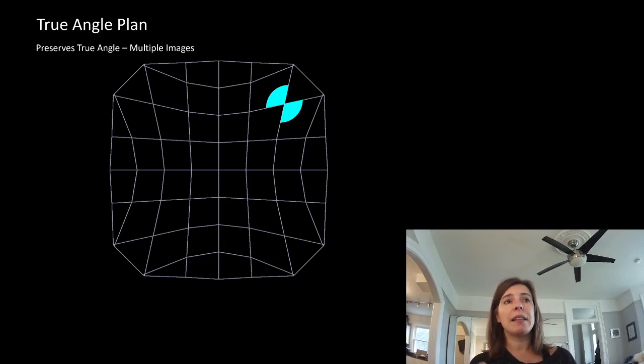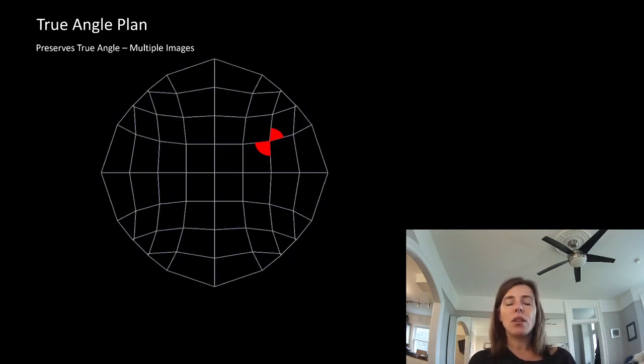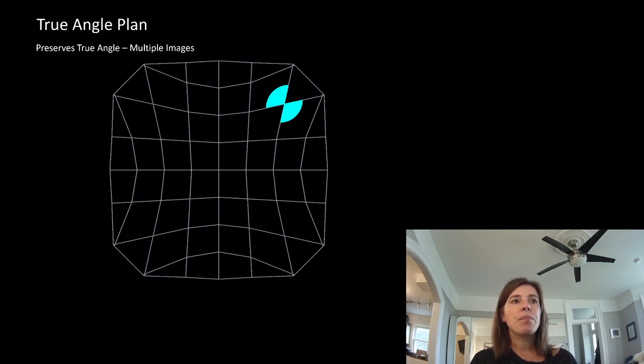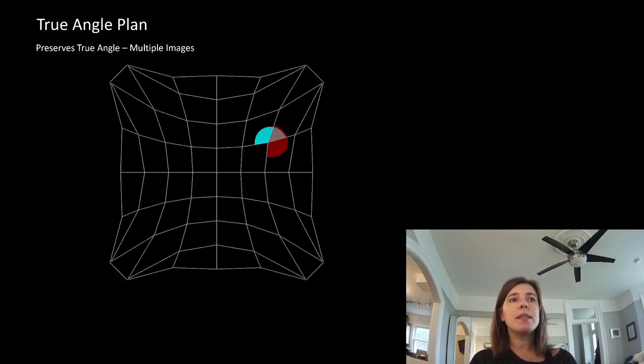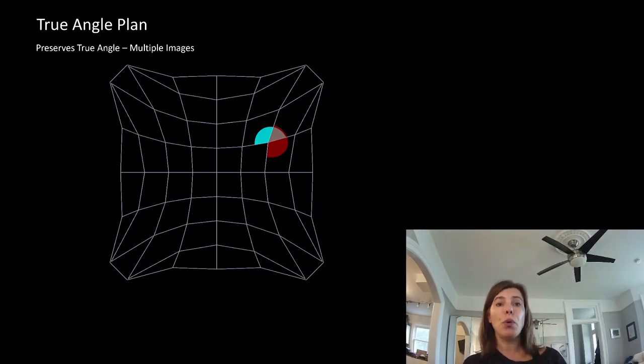You would have to highlight which ones were true angles, because you can't represent all of the true angles in one drawing. So these are these true angles. This drawing shows these true angles, and this drawing would show those angles. So you can see that we would still need several drawings to be able to represent our true angle plan.